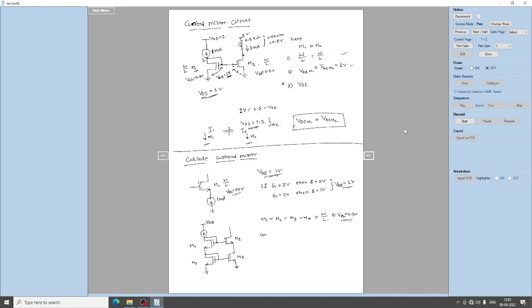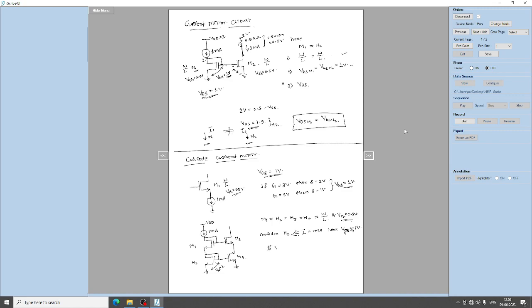So now consider transistor M2. What happens to the transistor M2? Since the current of 1 milliamp is flowing through M1 and M2, what will be the gate to source voltage of M2? The gate to source voltage of M2 will be 1 volt. Because of the feedback, VGS of M2 is adjusted to be 1 volt.